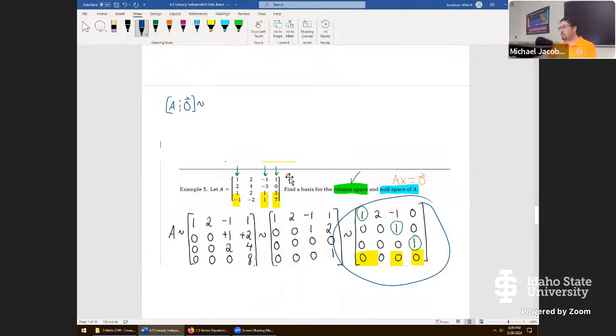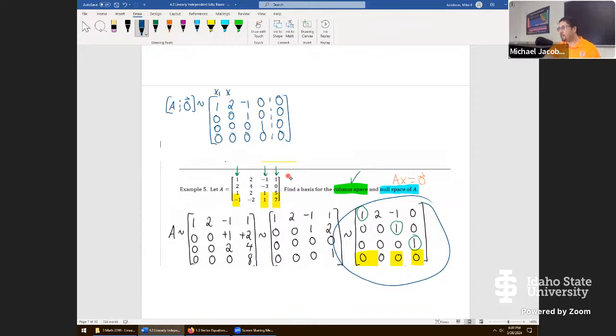We'll just borrow the work we just took and say this is 1, 0, 0, 0, 2, 0, 0, 0, -1, 1, 0, 0, and 0, 0, 1, 0. Now it's augmented with 0, 0, 0, 0, lots of zeros. Linear algebra is all about trying to get lots of zeros sometimes.